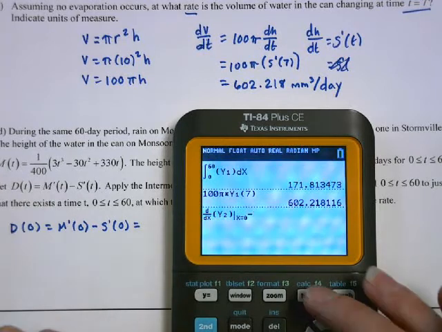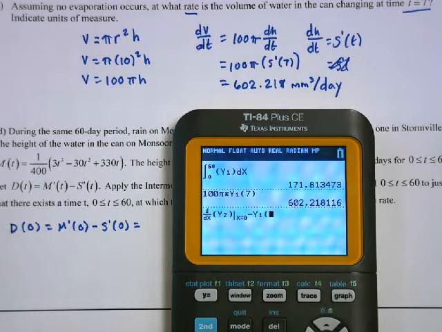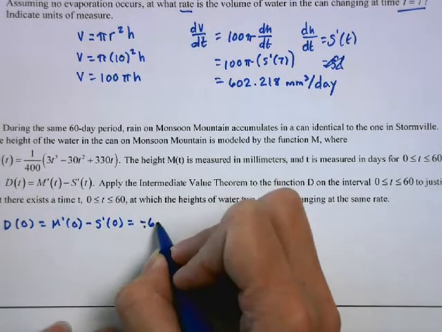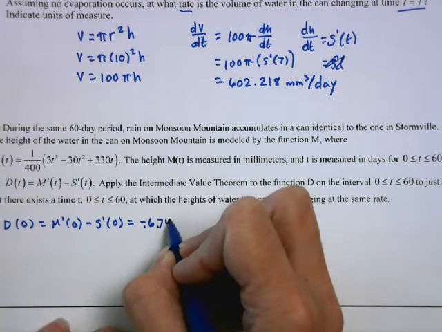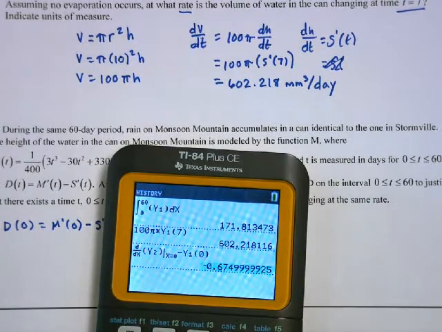And then we're going to subtract y1 at 0. Gives us negative 6.674 or 75. And I'm going to do the same thing.